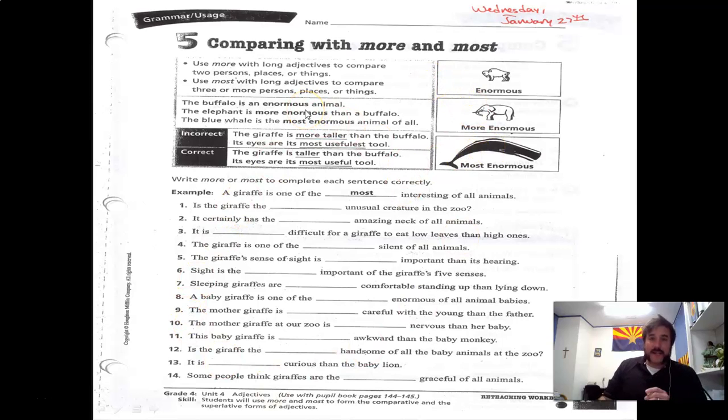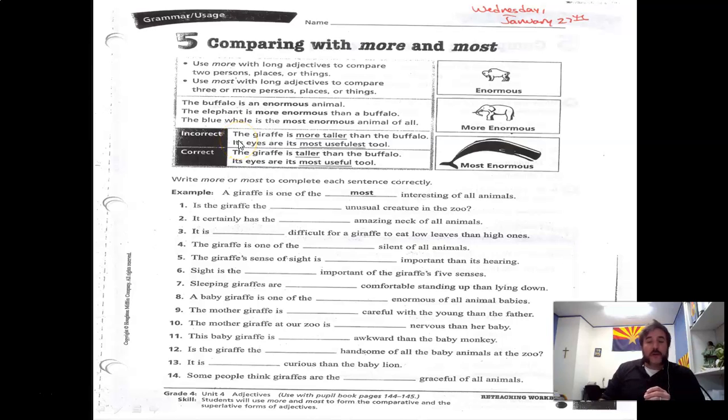Okay, and the biggest thing, they show you some incorrect things here, and they show you some correct ways to use it here. But in all these sentences, you're going to be using more or most. Now, one thing I want to focus on is look at very clearly. This is in the incorrect section, so this is wrong, and they're showing you this.